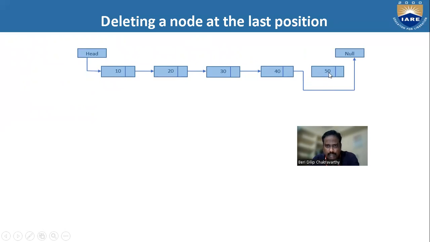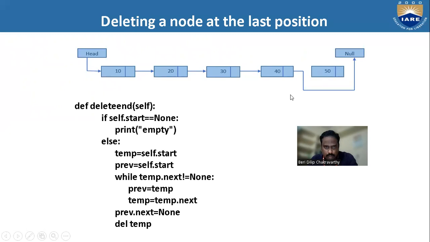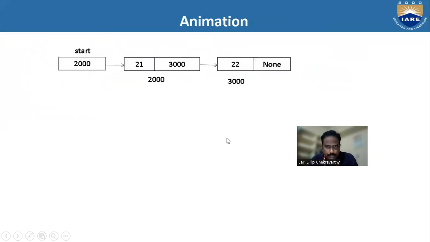If you are deleting, what we need to do is simply remove the last node. Before this, actually, here the address of 50 is there. We'll just remove that 50 and the address here. I'm just placing null, so that it is deleted. Okay, so those are the steps we have written. Earlier 21, 22 is there.